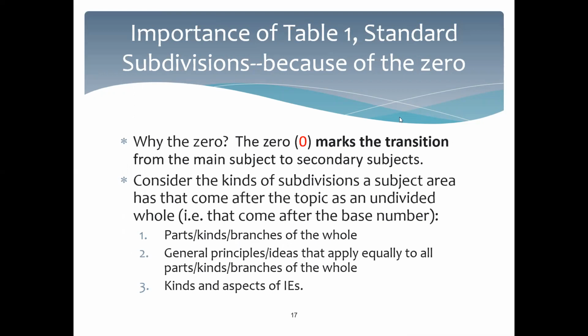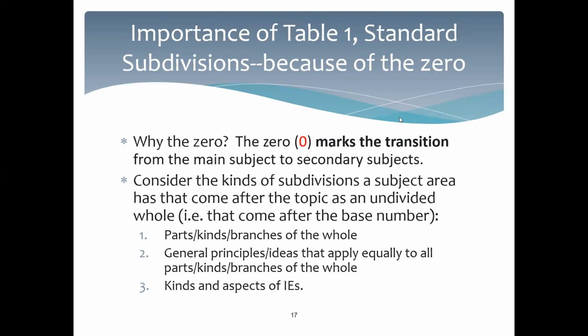Of course, we've talked about the zeros a little bit in terms of how the zero works. The zero works in a lot of different ways, but within the Table 1 standard subdivisions, the 0 actually says that this is a transition from a main subject to a secondary subject. So that 0 actually does have meaning.